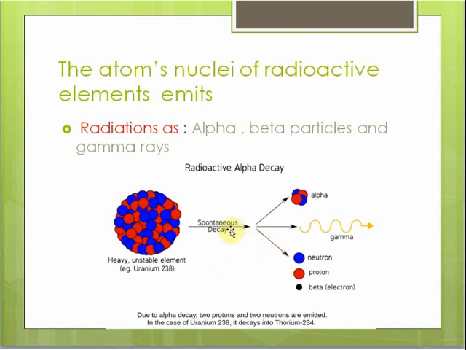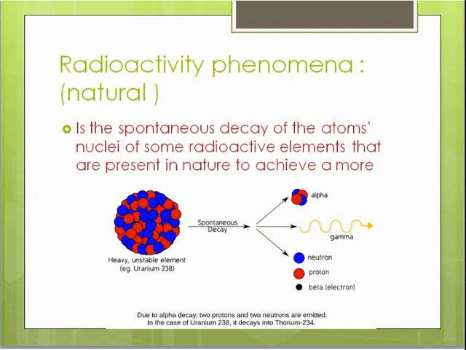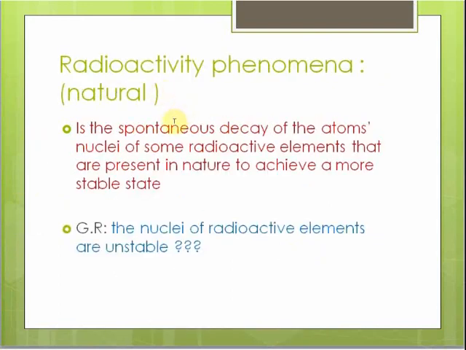They emit radiations like alpha, beta or gamma to reach a stable state and get rid of the excess energy.